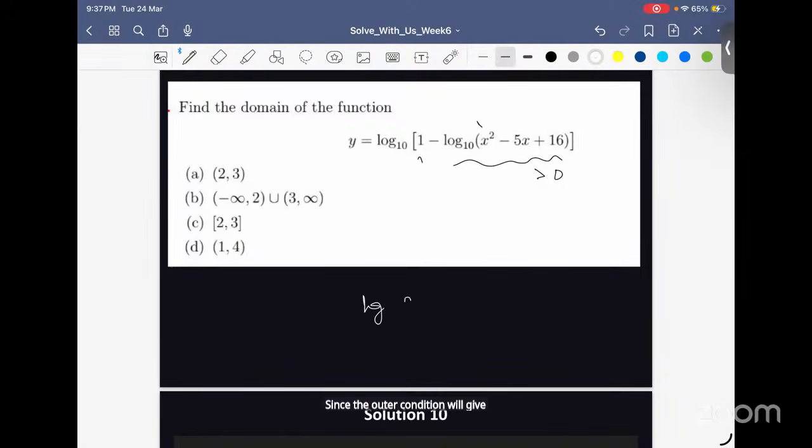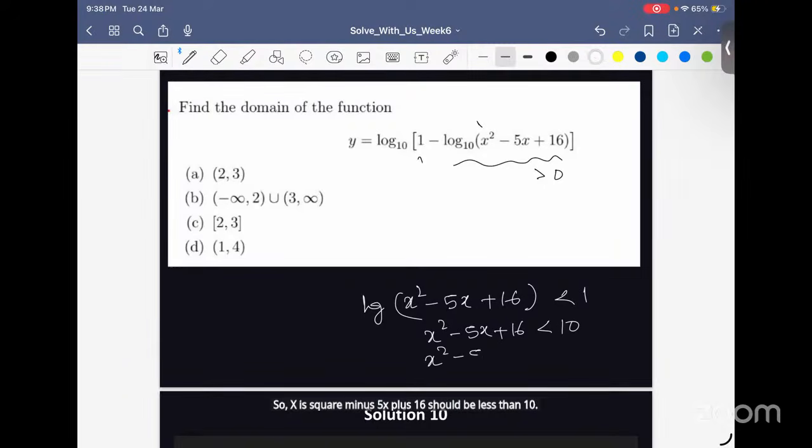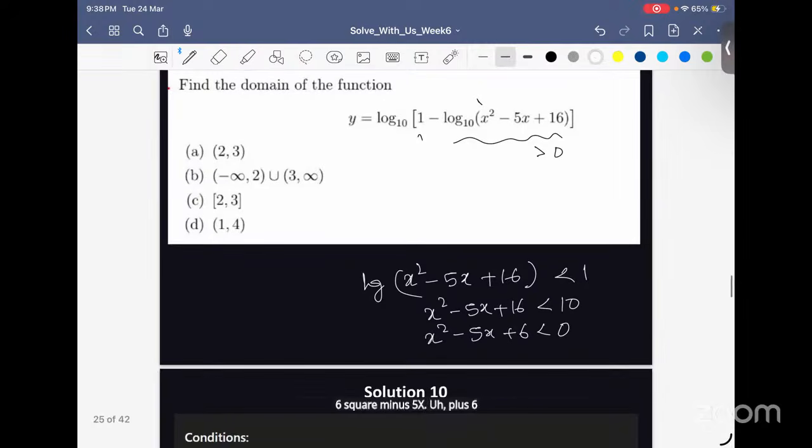So log of x squared minus 5x plus 16 should be less than 1. So x squared minus 5x plus 16 should be less than 10. So x squared minus 5x plus 6 less than 0. So this is (x minus 2)(x minus 3) less than 0.